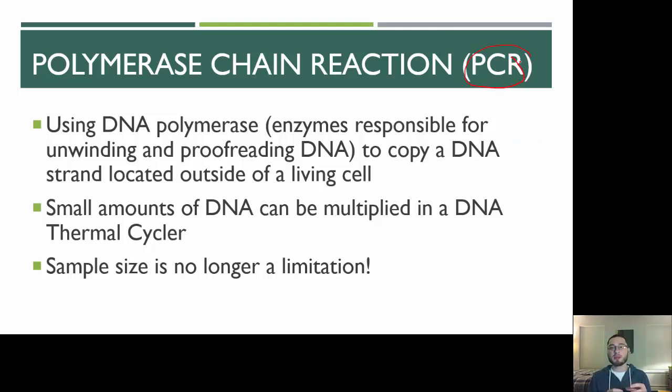So if you have a very small sample of DNA, once upon a time, you used it for testing, and once you used it up, you had no more. But now we use PCR, and we're able to make copies. We're using DNA polymerase, which is an enzyme responsible for unwinding and proofreading DNA, and it's used by us to make a copy of DNA strands located outside of the living cell.